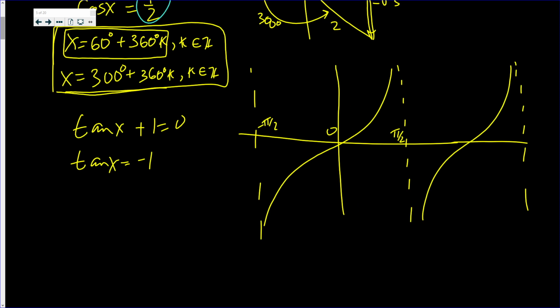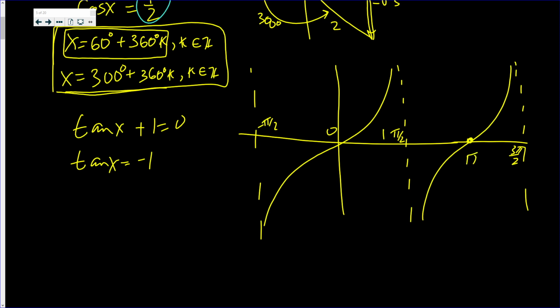And this here is 3 pi over 2. So do you need to go out to 360? Now, this number right here is pi.